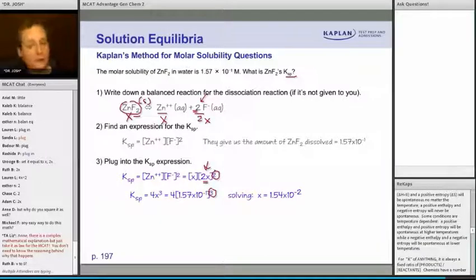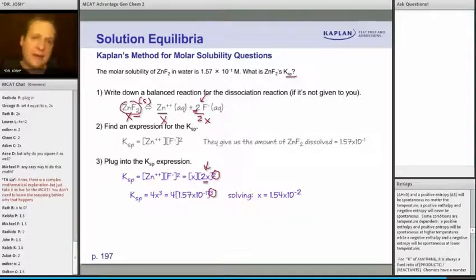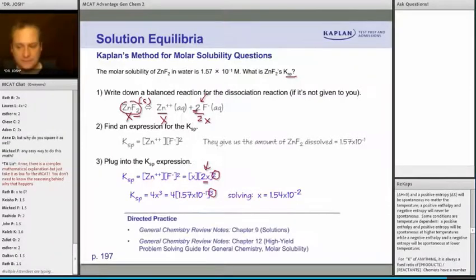I don't want to do 1.57 times 10 to the negative 1 to the third. What number is close to 1.57? That's a lot easier to find it to the third. You can do 1.5. I'd go even 2. On the MCAT, 2 is going to be perfectly fine. So you could easily say, you know what, this is nothing more than 4 times 2 times 10 to the negative first cubed.